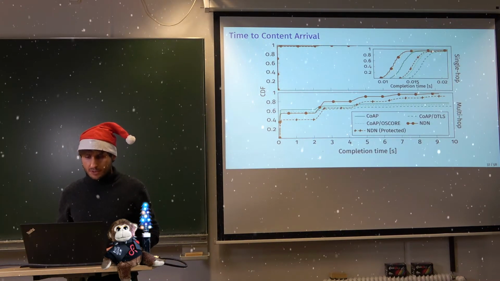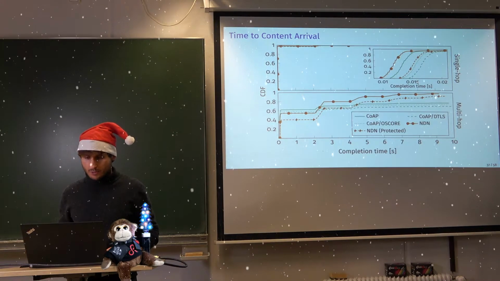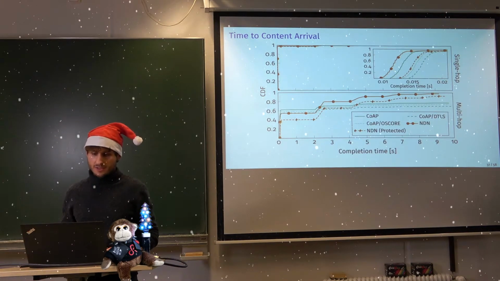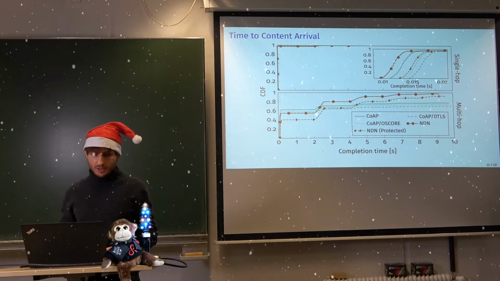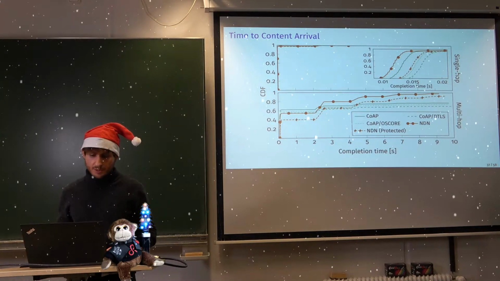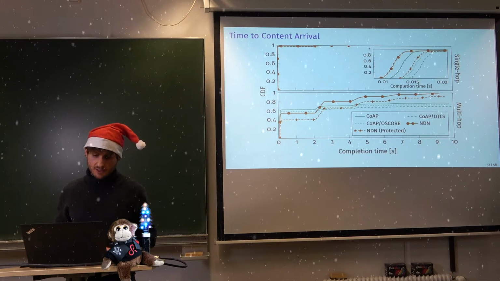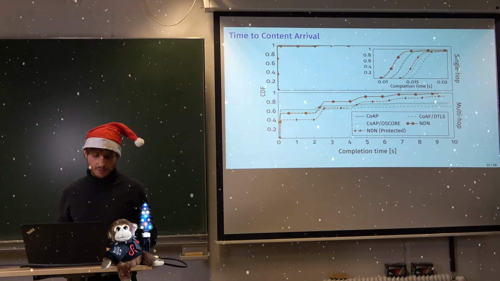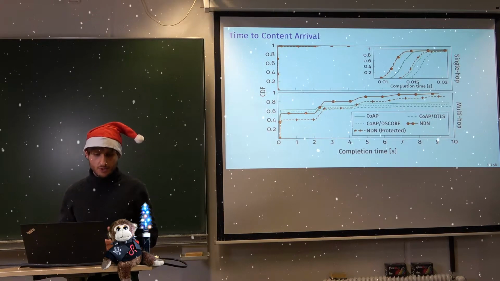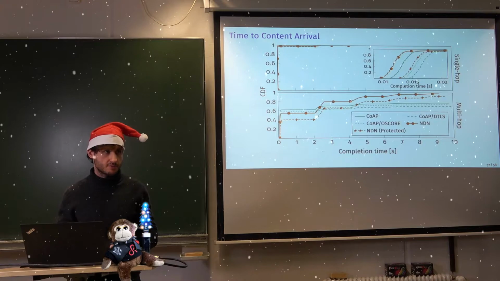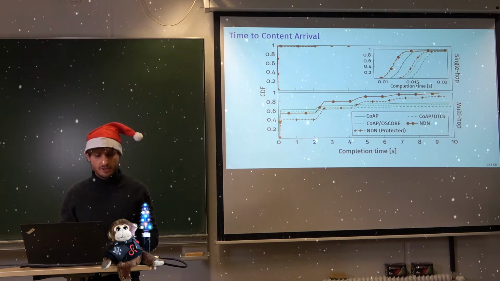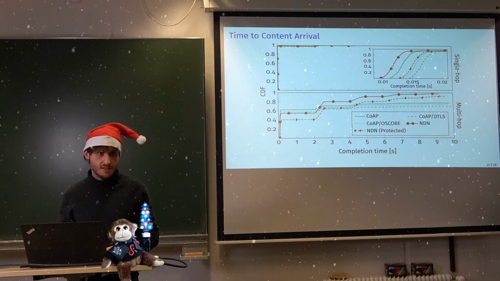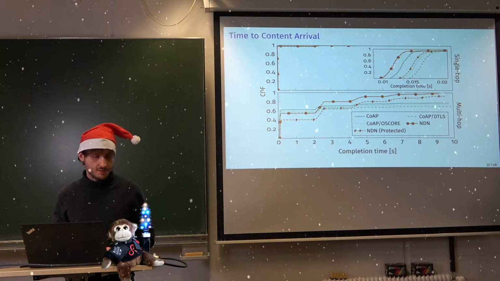If you look at the normal CoAP DTLS and CoAP OSCORE, we can see they perform mostly similar. If you look at NDN, then we can see that for the first 2 seconds we lose a little bit more packets than with the CoAP deployment, because of a difference in the packet sizes. NDN actually has larger data packets.